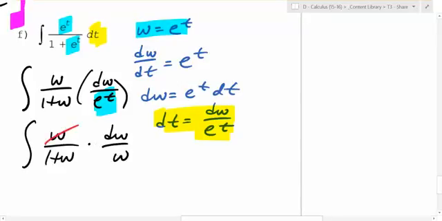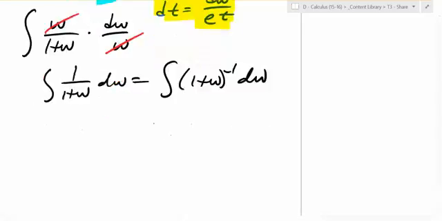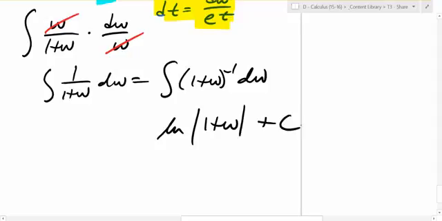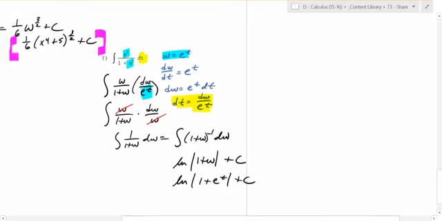That cancels. Oh, look at that. So you end up with 1 over 1 plus w dw, which is the integral of 1 plus w to the negative 1 dw. And you guys remember that that is indeed ln of 1 plus w plus c, but w is e to the t. There's a couple ways, but that's just how I would have done it.